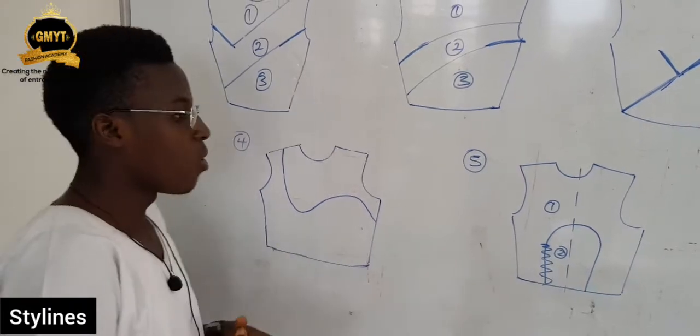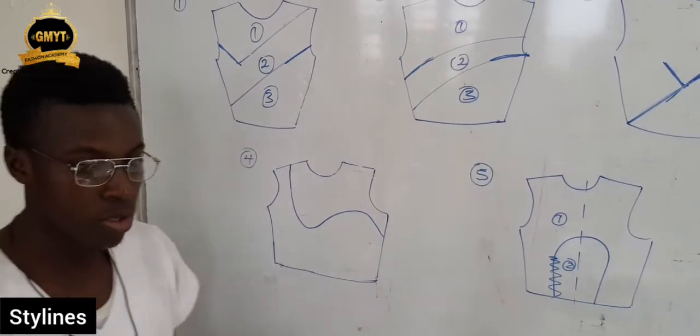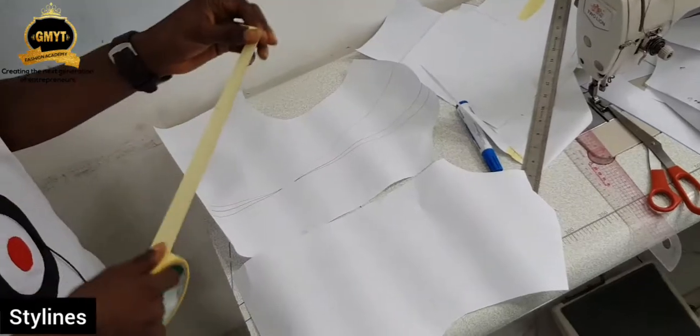Right? So now it means we are working with the full front bodice block. Try to merge the two fronts to each other.